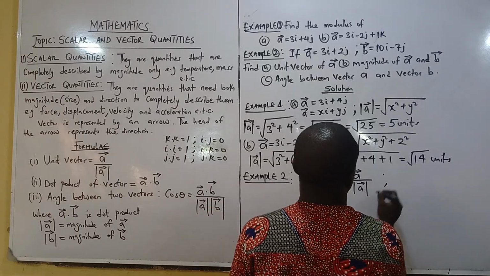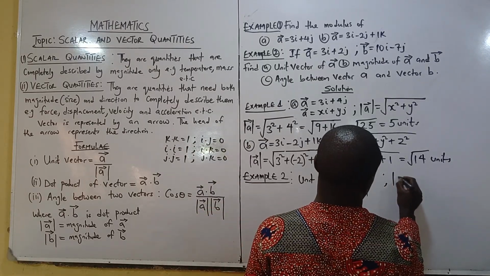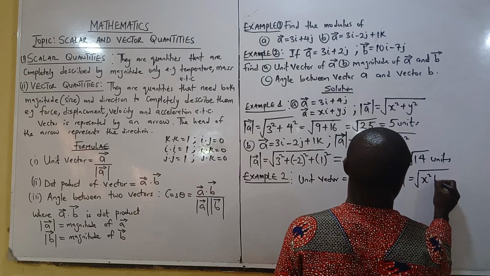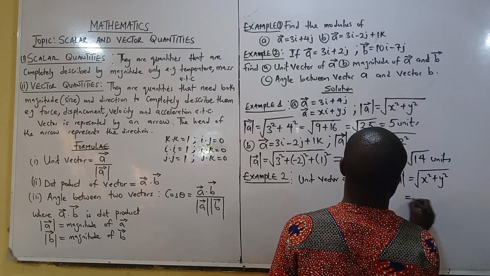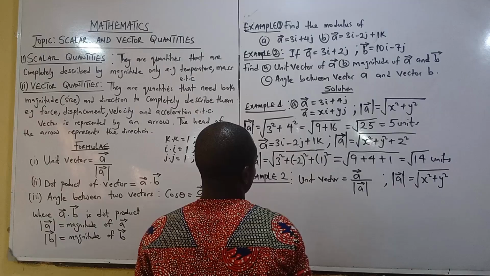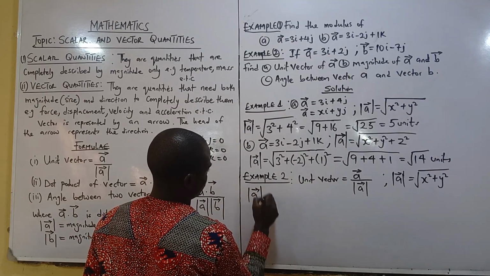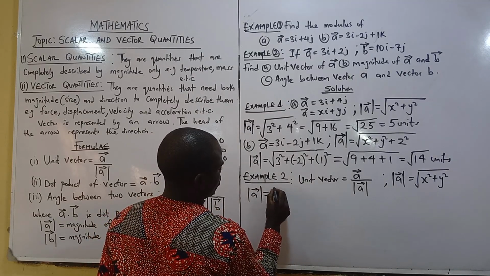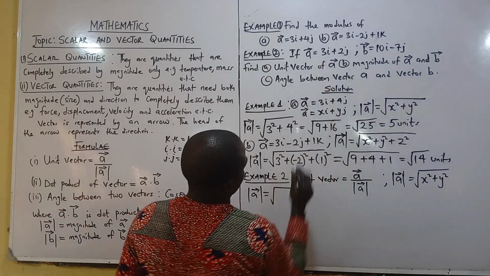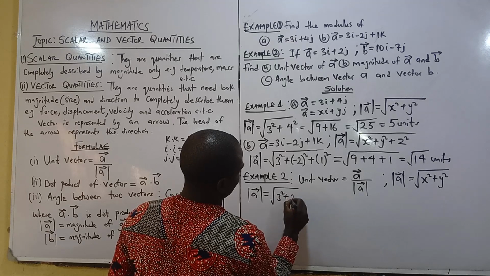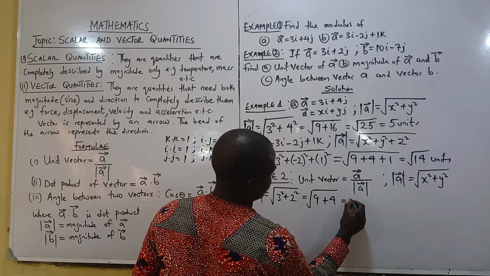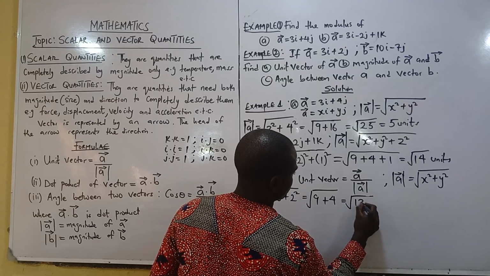Now, what's the modulus of vector A? It will be the square root of x squared plus y squared. What's our x? x is 3. 3 squared plus 2 squared, which is square root of 9 plus 4, which is square root of 13.